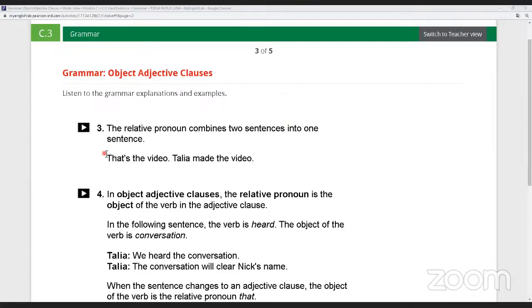How could you combine these 2 sentences in one? It could be: that's the video which Talia made. Okay, write into the chat, please. Write your answer in the meeting chat.